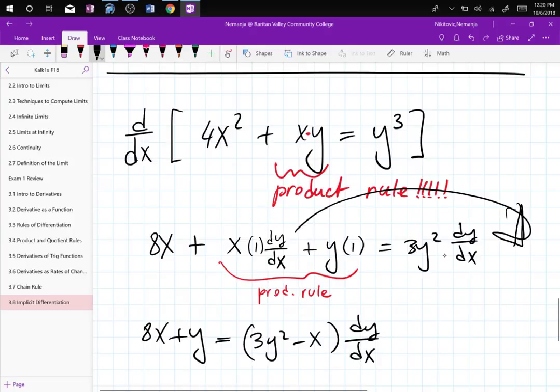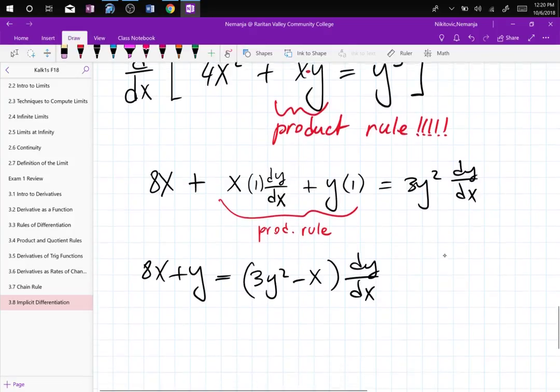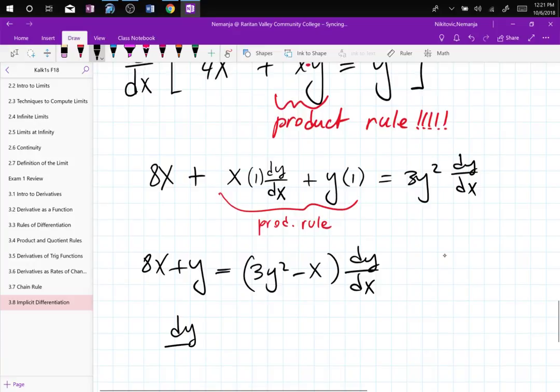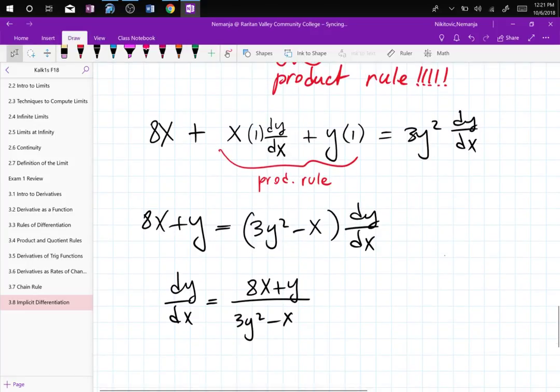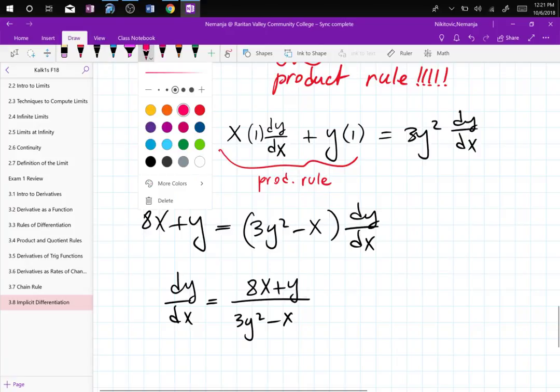And then I factor it. So the derivative dy dx is equal to 8x plus y divided by 3y squared minus x. And that's the answer.